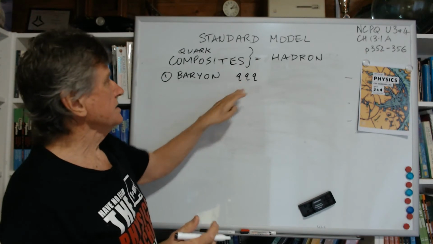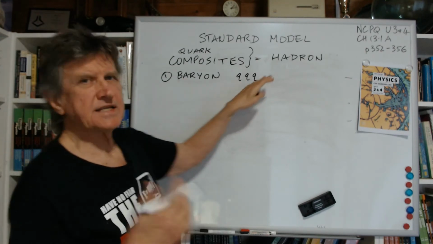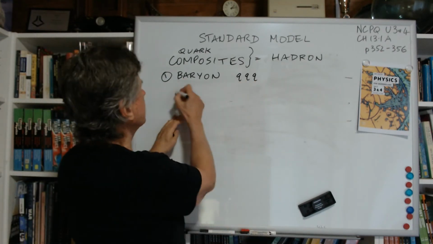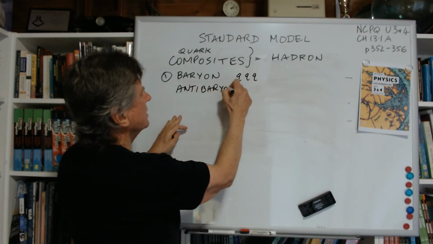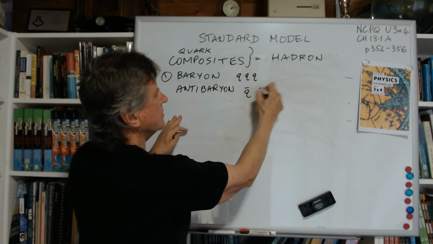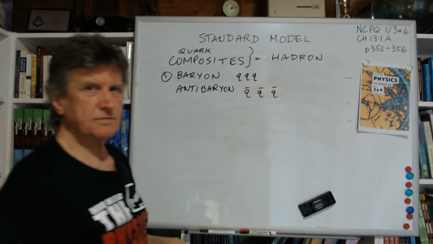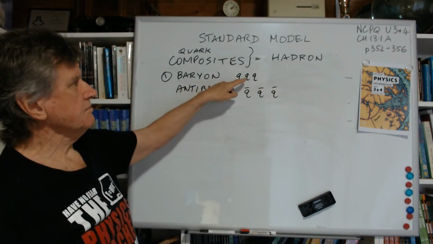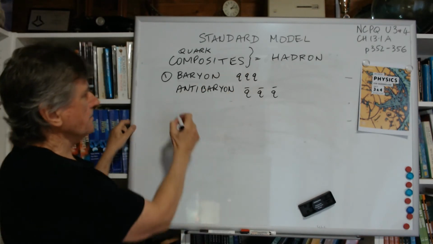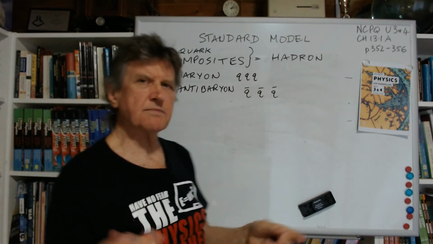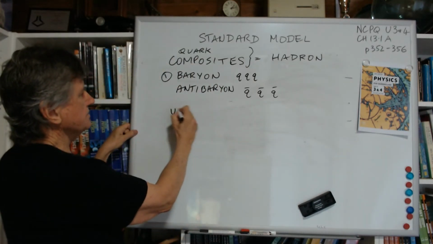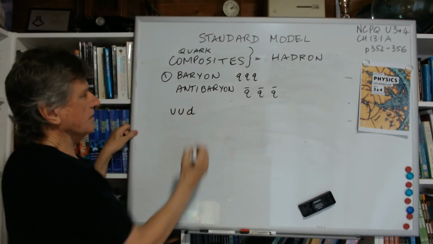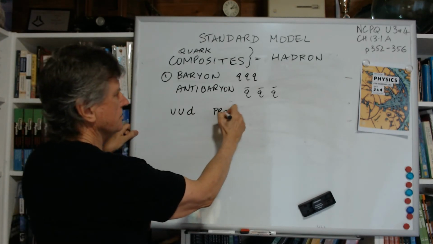So 3 quarks. An anti-baryon would be just this. It would be 3 antiquarks. Okay, simple as that. So let's have a look at some baryons. I told you before the simplest ones are the up and down quarks, so let's stick with these. If you had up, up and down quarks, that's a proton.